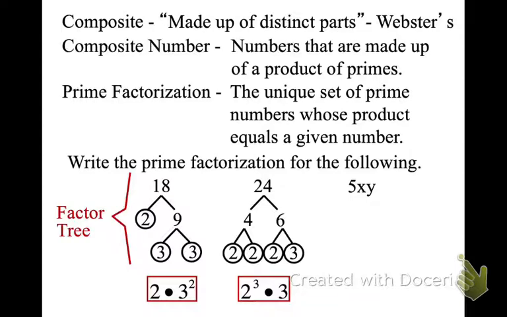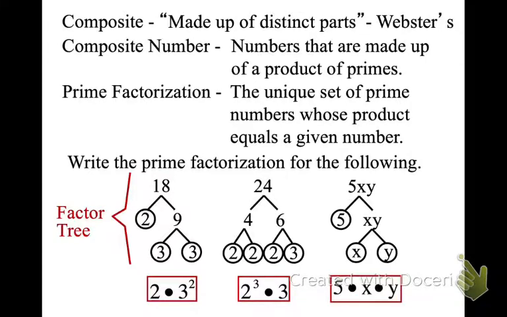Okay, so we're going to break it down to 5 times xy. 5 can't be broken down anymore, but xy can to x times y. So your prime factorization basically is 5xy. These are all called factor trees. Where the other one was a tower, this is a factor tree.